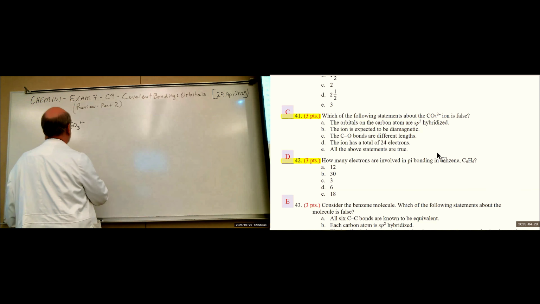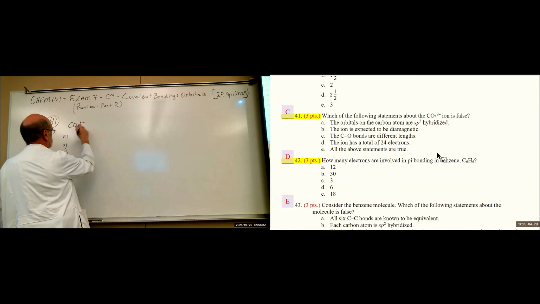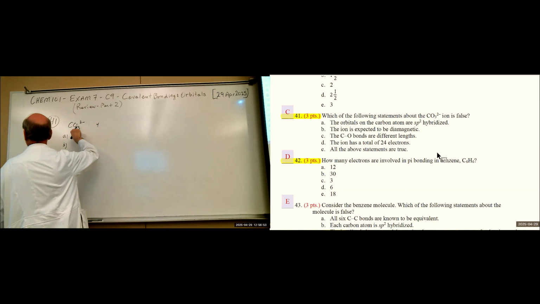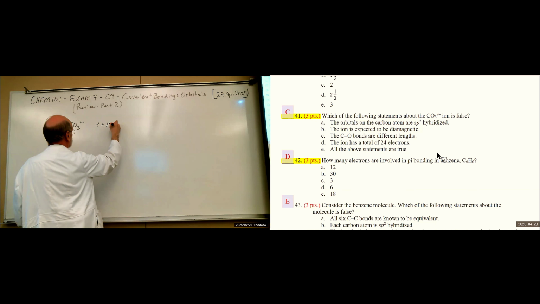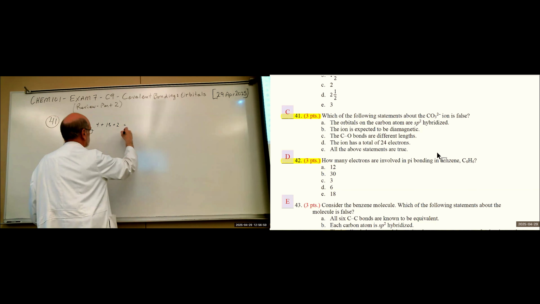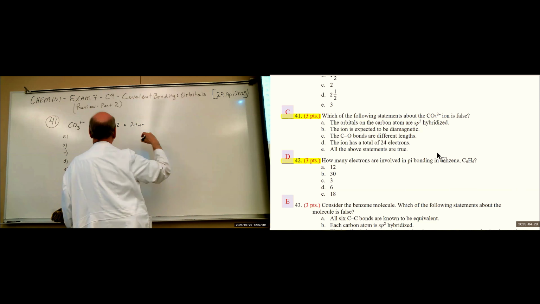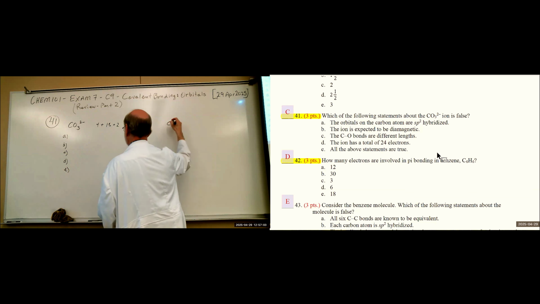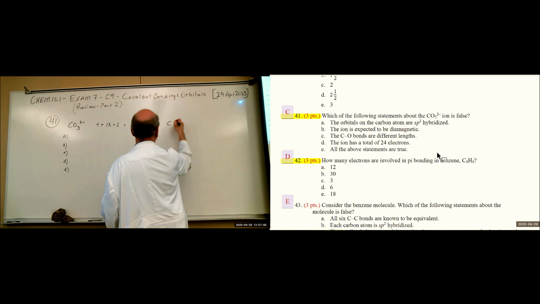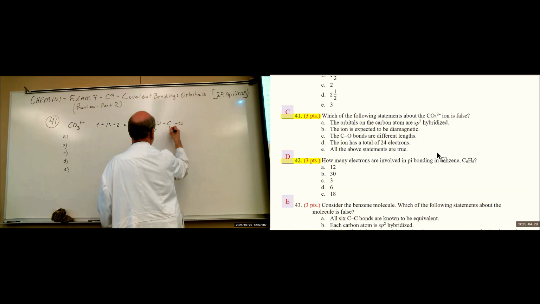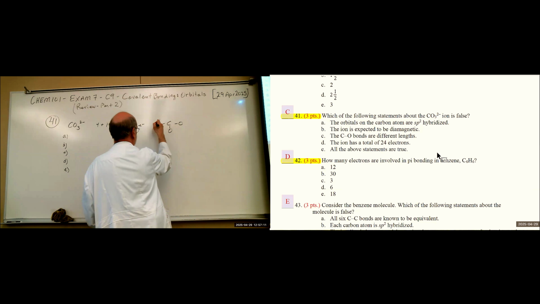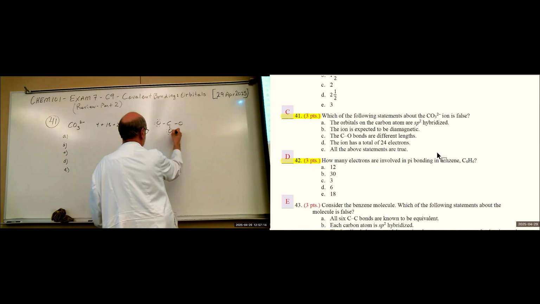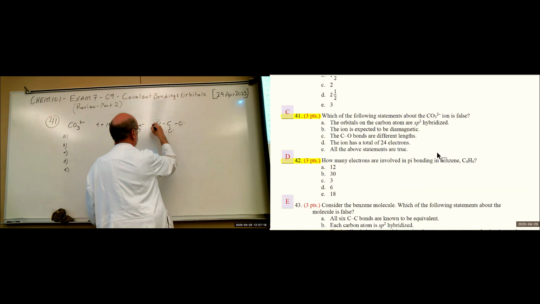Let's see. We've got 4, plus 3 times 6 is 18, plus 2 more. So that's 24 electrons. We've got a carbon and 3 oxygens. So 24 minus 6 is 18. 2, 4, 6, 8, 10, 12, 14, 16, 18. All used up.